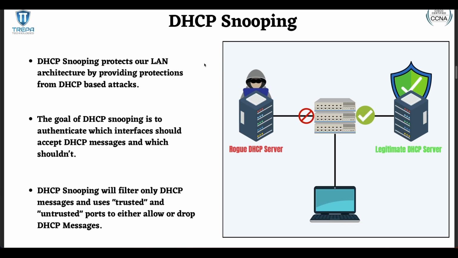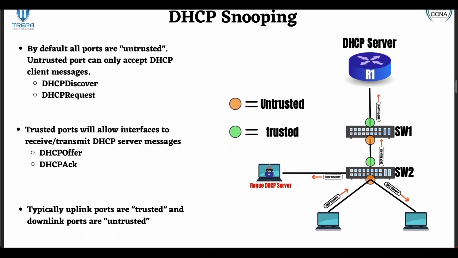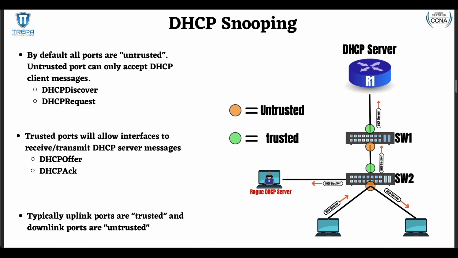Now let's get into a little bit of how we architect this out. By default, when we enable DHCP snooping, so we type in ip dhcp snooping on our switches, and yes, I have bad spelling and handwriting, all ports on that switch are going to be untrusted.